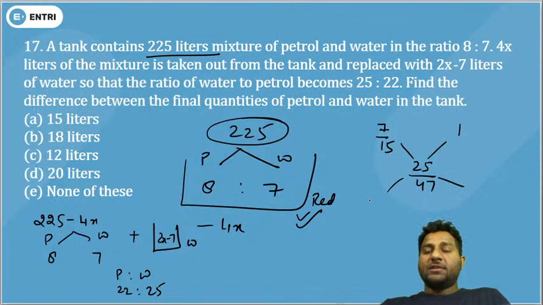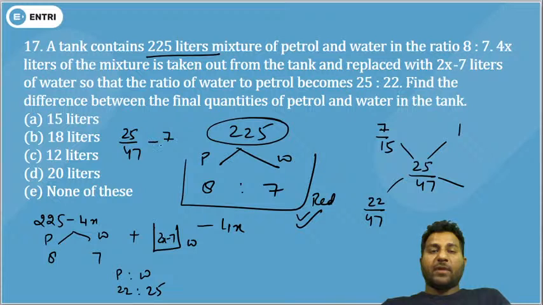So when we use alligation, we can clearly see the solution: 22/47, and the next one will be what? We can use this to solve the question. The alligation method will be applicable. Look at this. Let's say 25/47 minus 7/15.